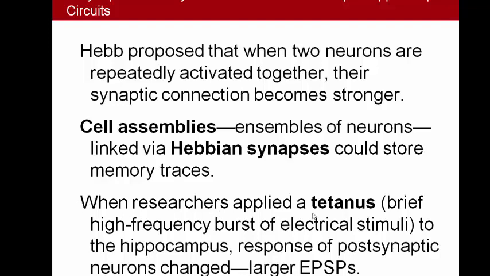Now, one thing that's interesting here, it talks about tetanus. We're not talking about a rusty nail, need to go get your tetanus shot. Here, in this particular example, we're talking about brief high-frequency bursts of electrical stimuli. So what they would do is apply this burst of electrical stimuli. That's going to cause the neurons to fire, right? We're forcing the neurons to fire. We have a very strong, powerful stimulus coming in that causes the neurons to fire.